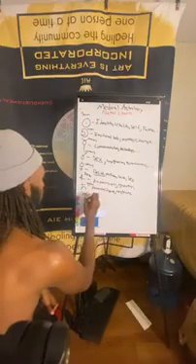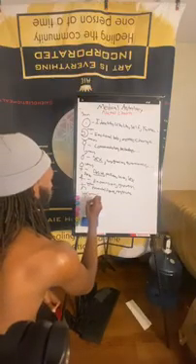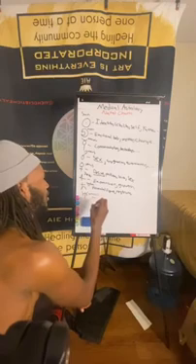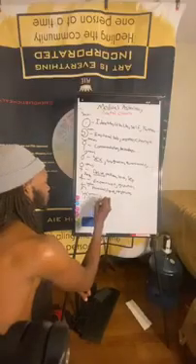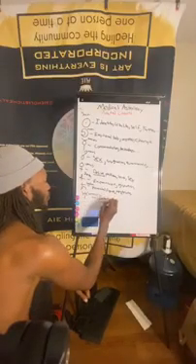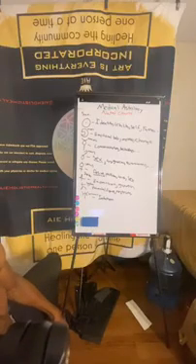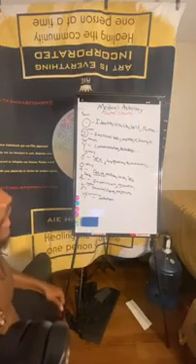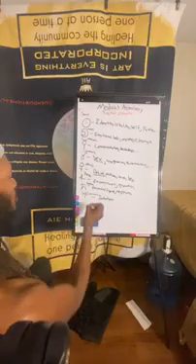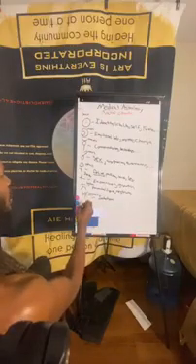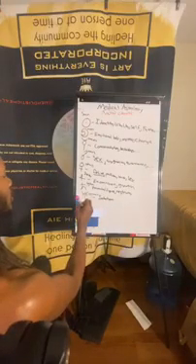Uranus is the intuition, right? Things that are inspiring, right? That's basically Uranus. Then Neptune is, how do you draw Neptune?